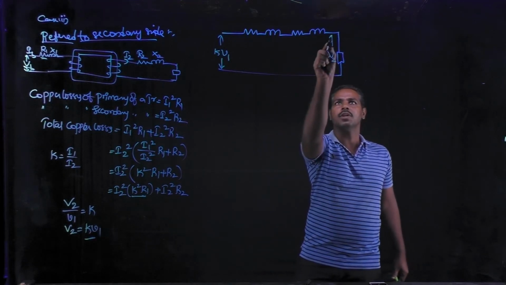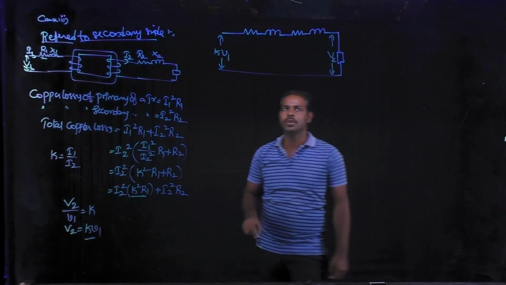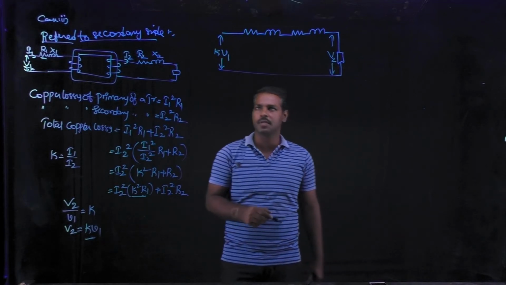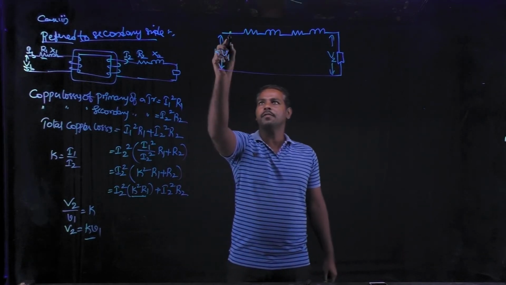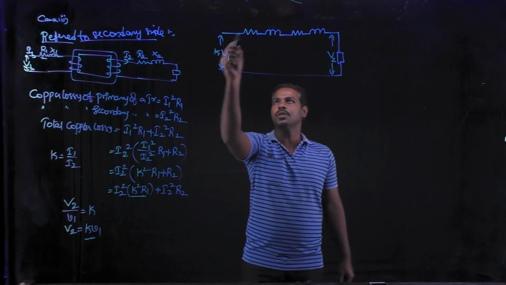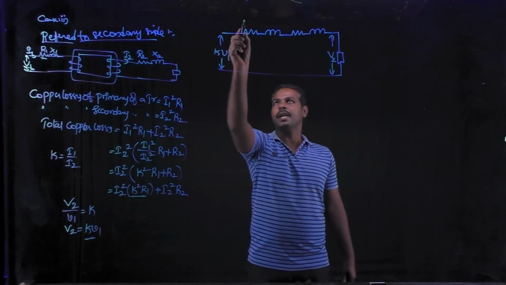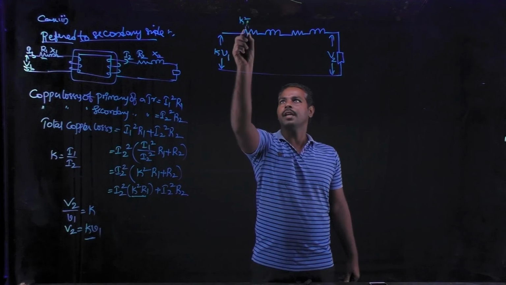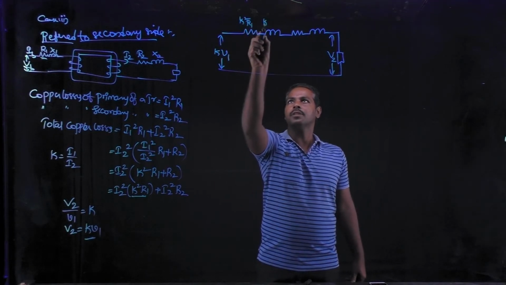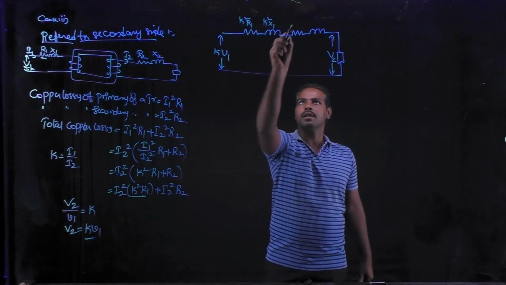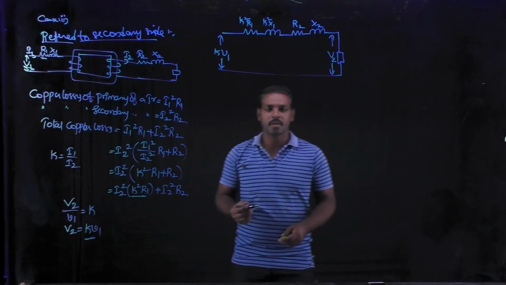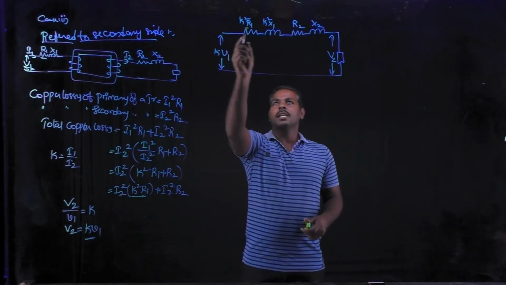So the load voltage is equal to V2. The current flowing through the circuit: the resistance and reactance are to be referred to the secondary side, so we get K square into R1, K square into X1, and the corresponding supply is KV1.